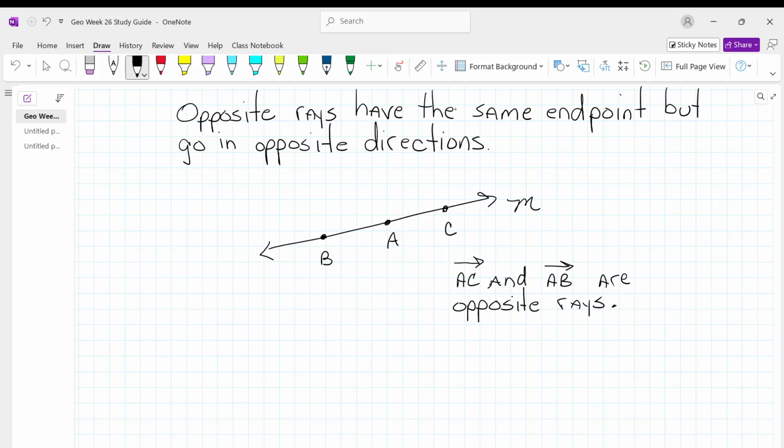All right, opposite rays have the same endpoint. Both of these start at A. We've got ray AC that starts at A and goes through C, and then we've got ray AB that starts at A and goes through B.